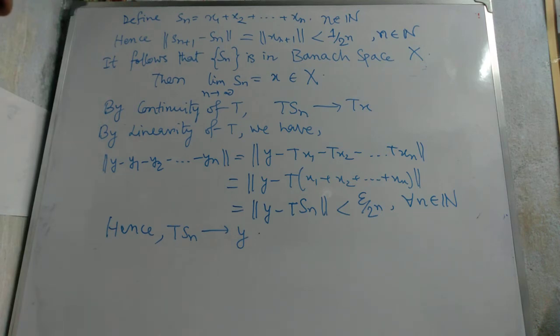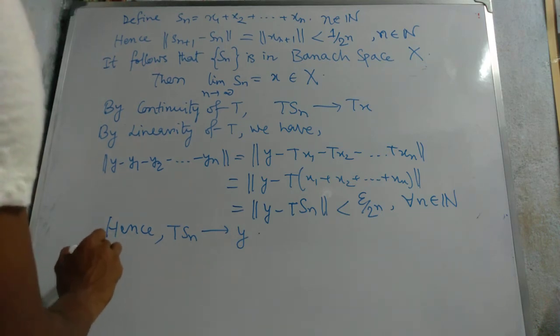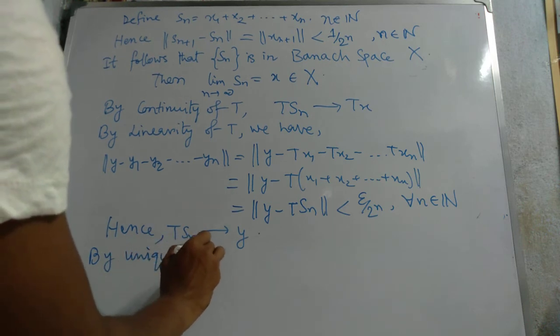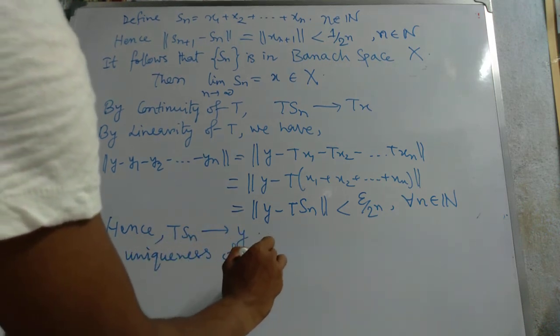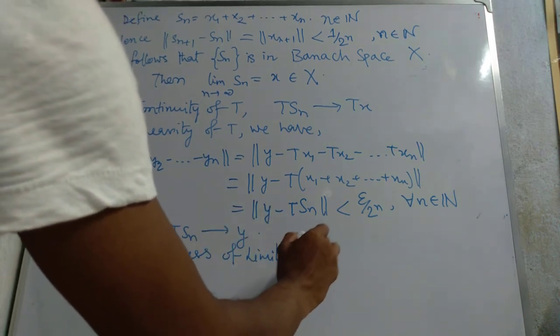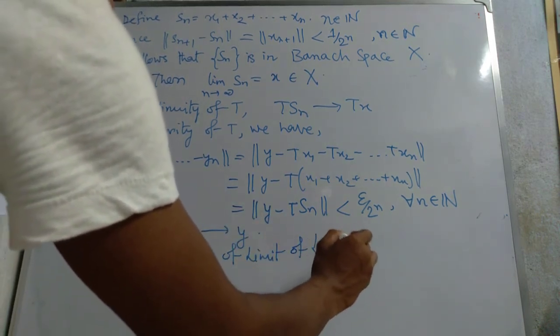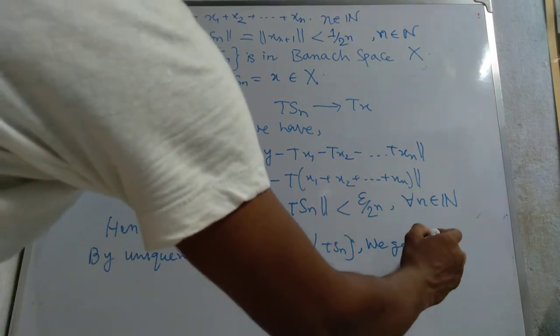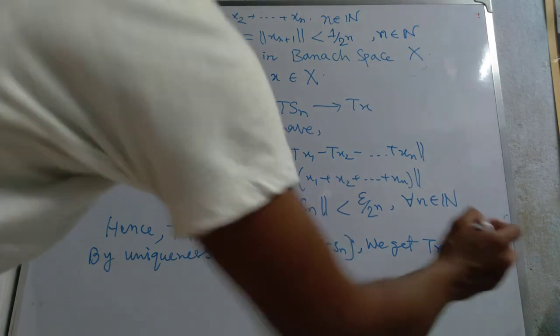Then by uniqueness of the limit of T(Sn), we get Tx equal to y.